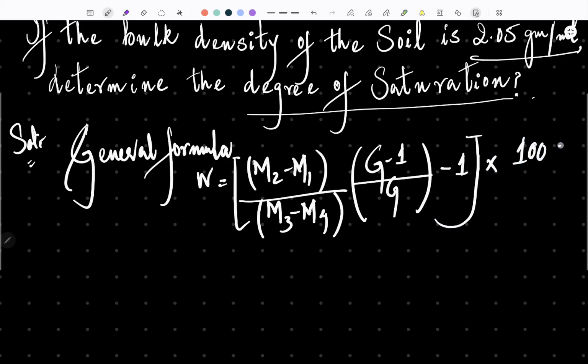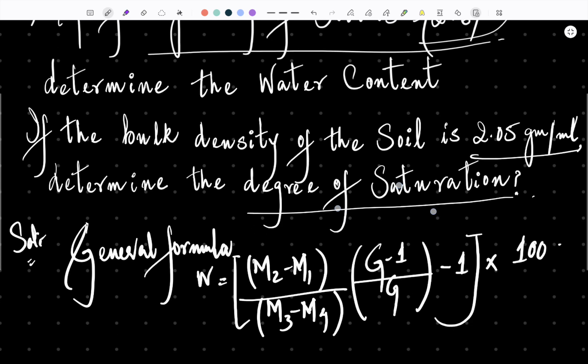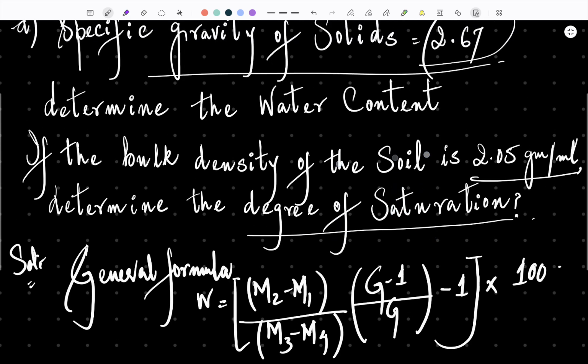This is the generalized formula by which we determine the water content by the pycnometer. The only thing that must be known to us is the specific gravity, which is given in the question. It is 2.67, the specific gravity of the soil solid particles.